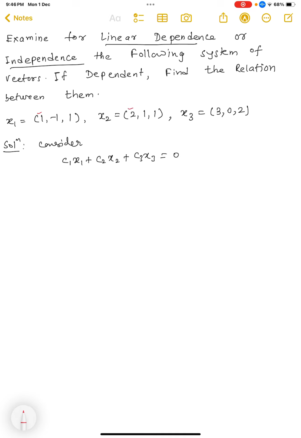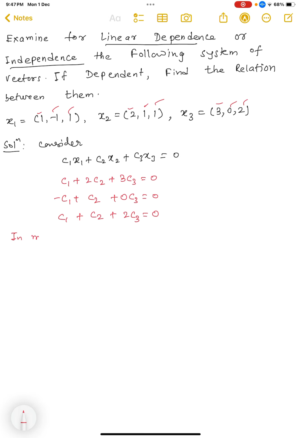First, we write c1 plus 2c2 plus 3c3 equals 0. Then by the second one, minus c1 plus c2, and here you will get 0 c3 equals 0. Then by the third one, c1 plus c2 and 2c3 equals 0.